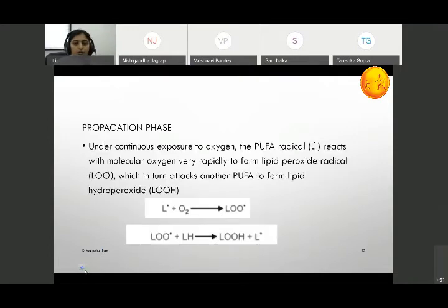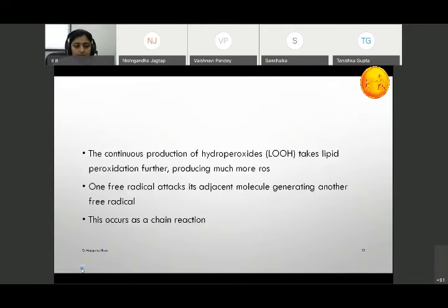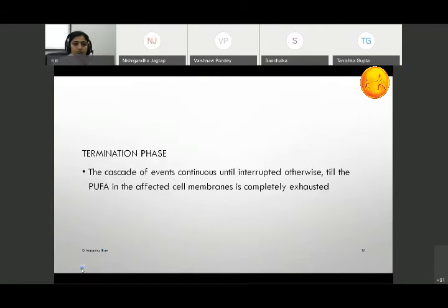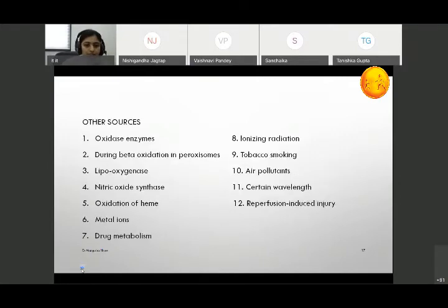Then you will write about the propagation phase, the reaction, how the chain reaction occurs for the formation of lipid peroxide radical and then lipid hydroperoxide. Then the chain reaction goes on increasing, how one free radical attacks another molecule and forms another free radical. Write about that, and then at the last write about the termination phase.